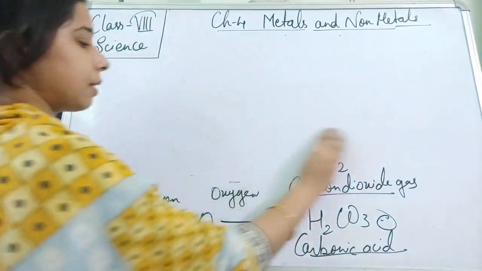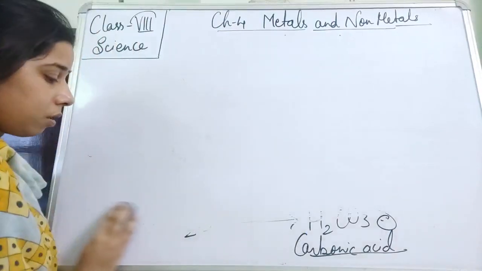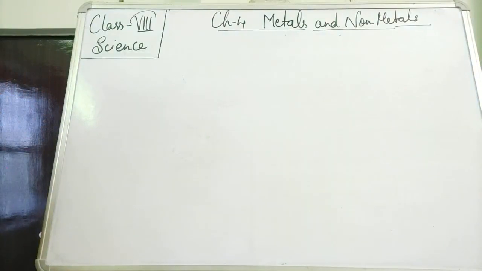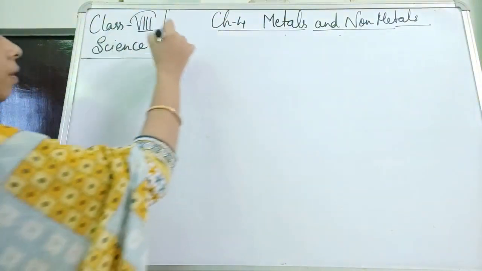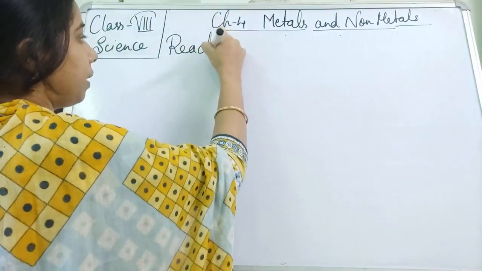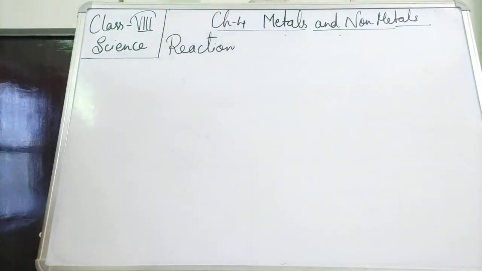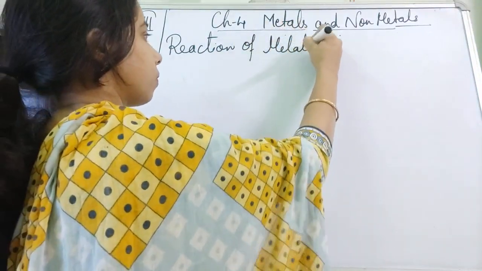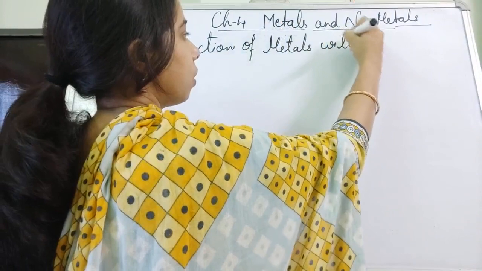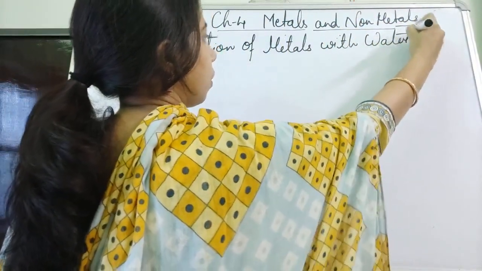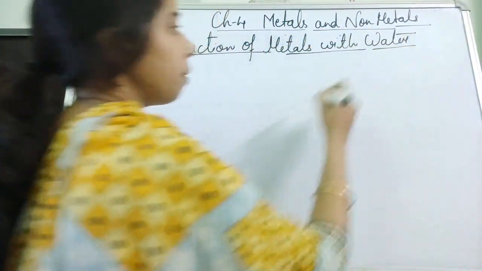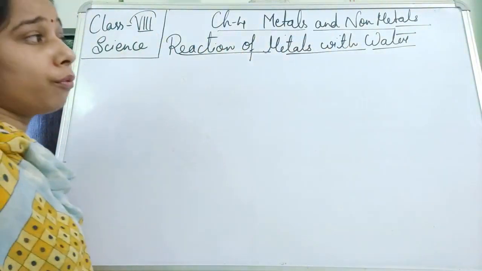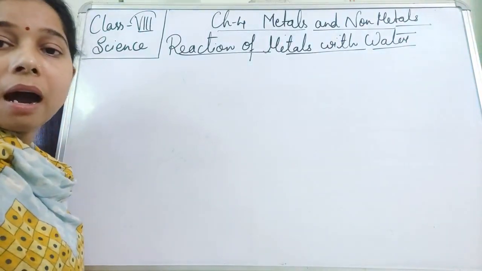Now let us try to understand the reaction of metals with water. Here the metal reacts with the water to form metal hydroxide.